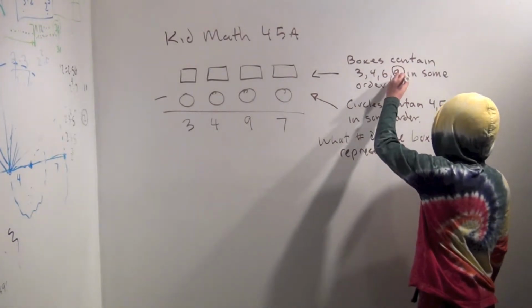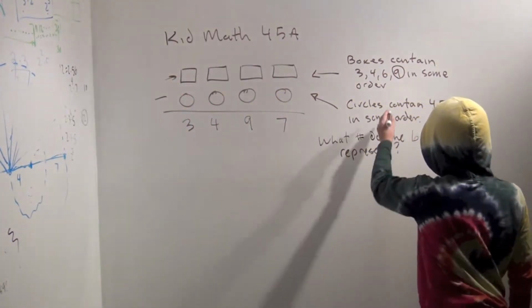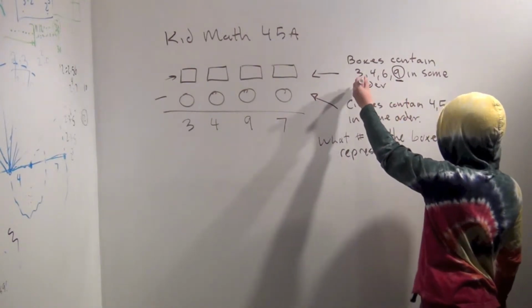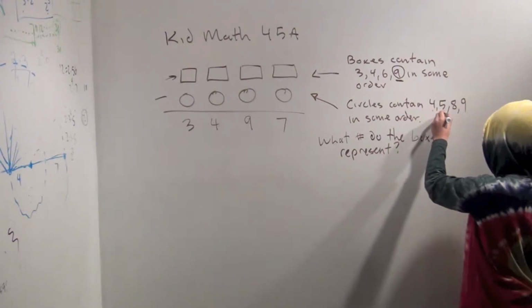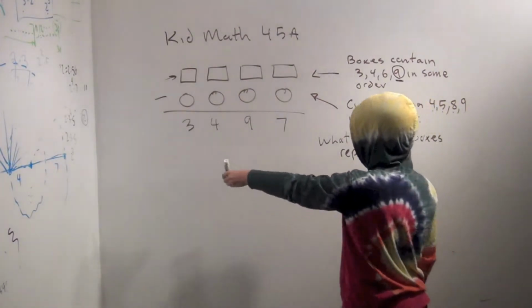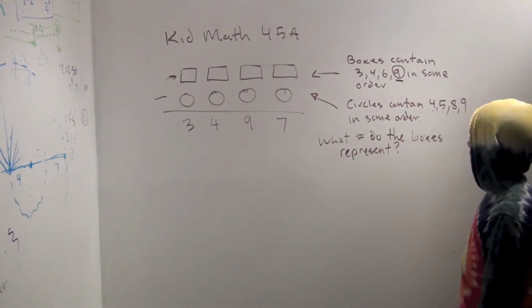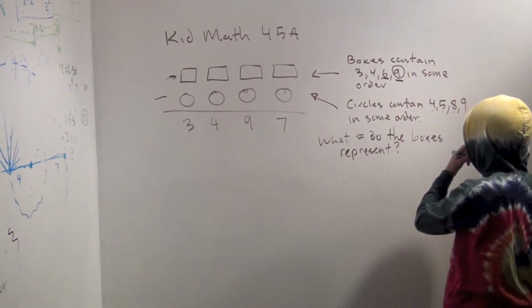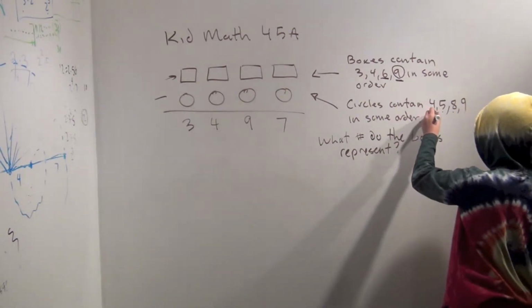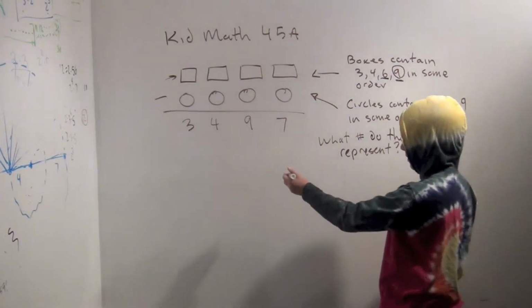Well, this top box here has to have a 9 in it, because if you have anything smaller and you subtract it, you'll be too low. If you try to put a 6, the smallest number here is a 4, and 6 minus 4 is going to be a 2.